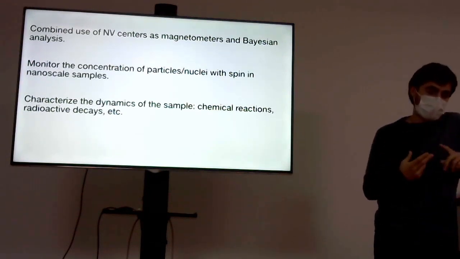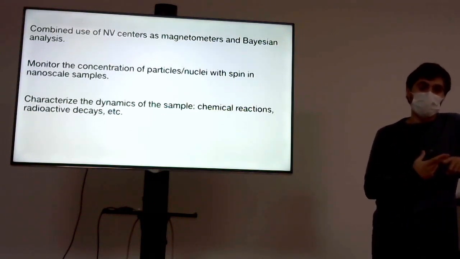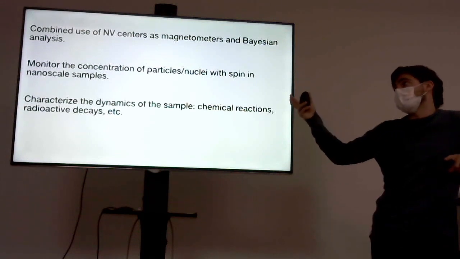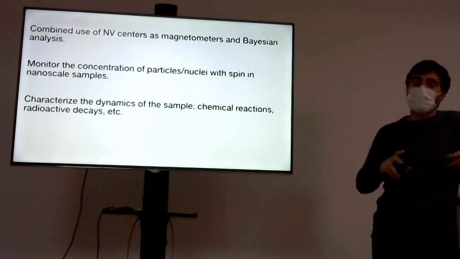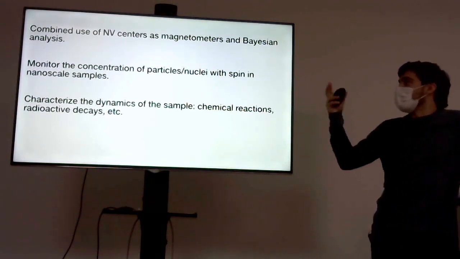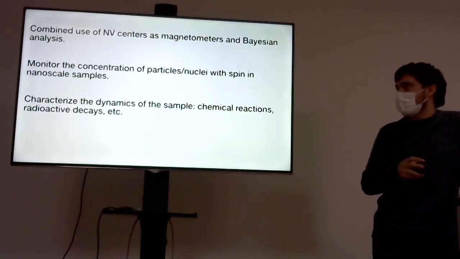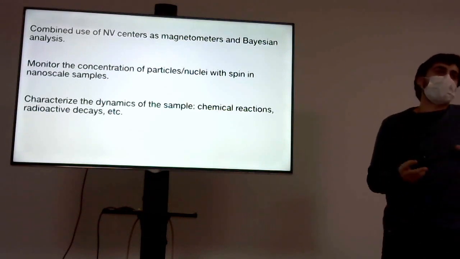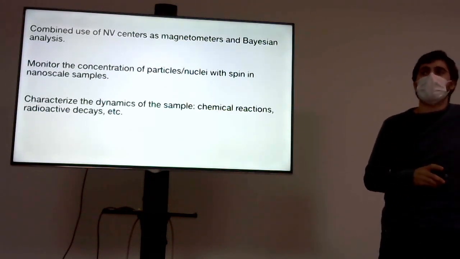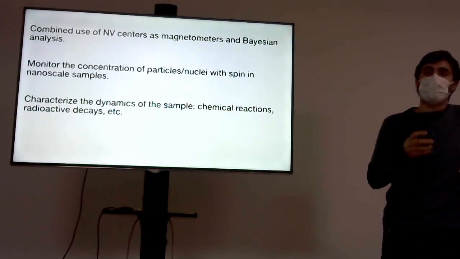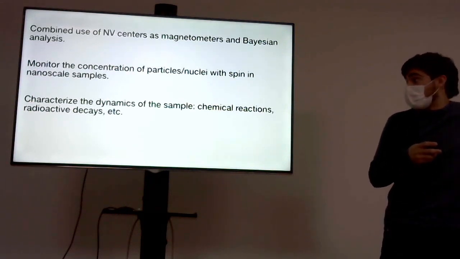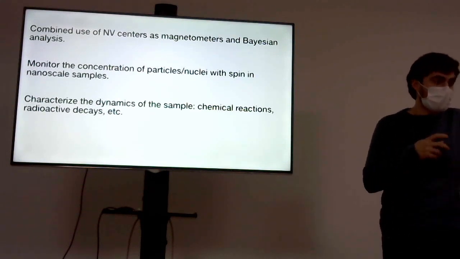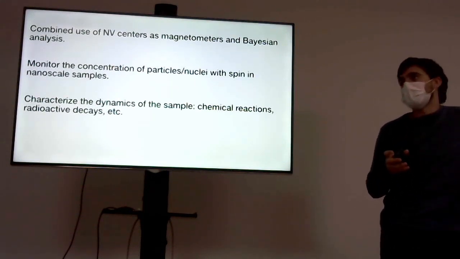With this, we have demonstrated that we are able to identify the evolution of the concentration of atomic nuclei, but it could also be electrons, in nanoscale samples. Hopefully, with this information, we are able to characterize whatever process is generating this change. Currently we are having some conversations regarding some specific applications.